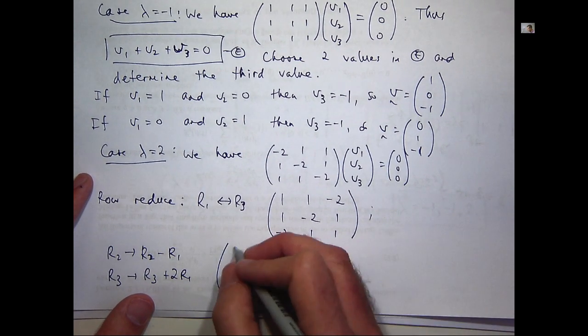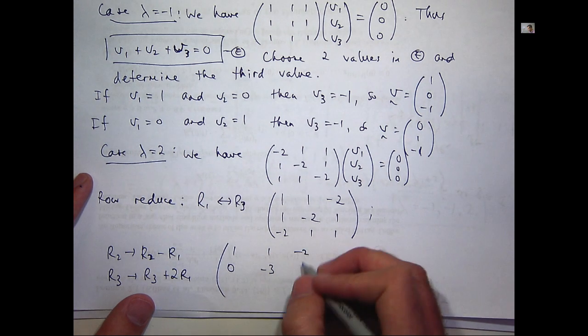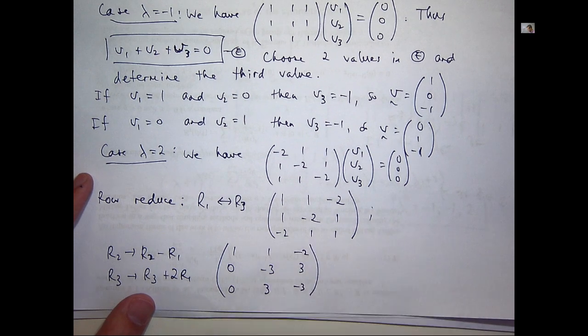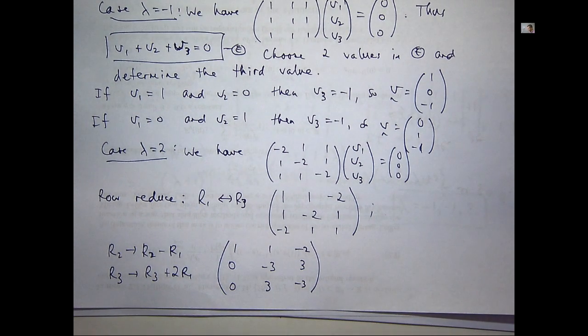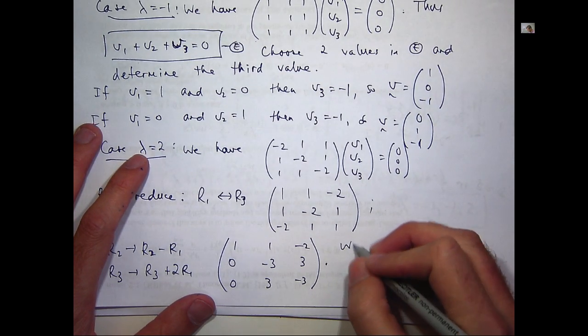Okay, so if I do those calculations, I'll get the following. You can see those two bottom rows basically tell you the same thing. The first row is a fair bit of information, but the second and third rows are just telling you the same thing. So we obtain the following.